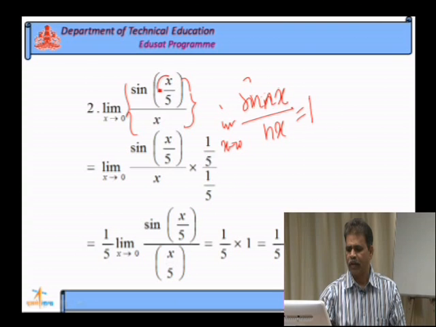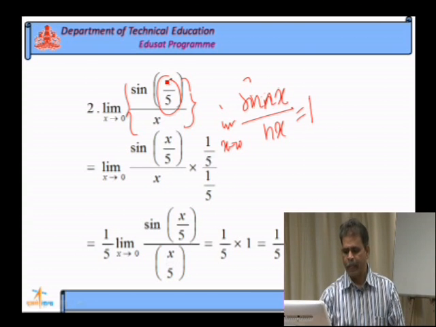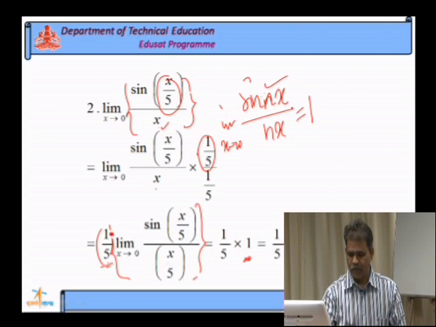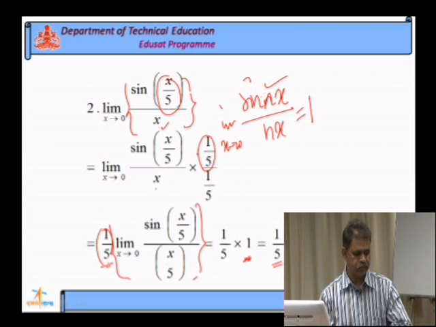Here in place of nx we have x divided by pi, in the denominator we have only x, we need x by pi, therefore we have to multiply and divide by 1 by pi for both numerator and denominator, then it reduces to 1 by pi into sin x by pi divided by x by pi. This 1 by pi is taken at the beginning, then this whole thing will become a standard form. Whose value is equal to 1. So, 1 into 1 by pi is equal to 1 by pi.